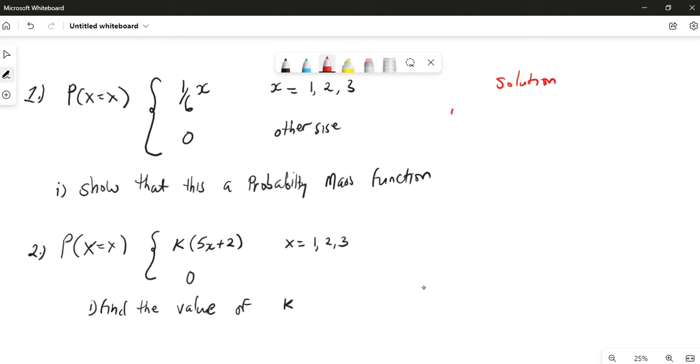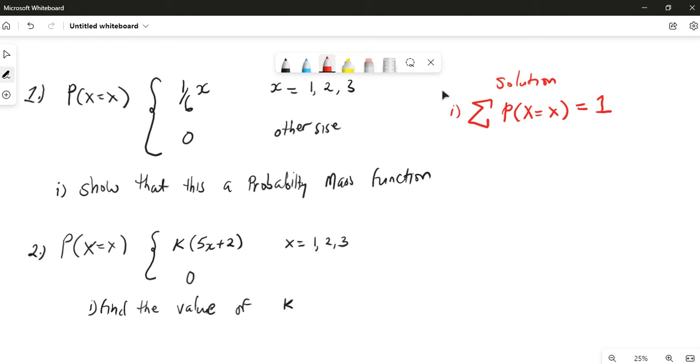To show that it's a probability mass function, the summation of the probabilities must equal 1. Summation of probabilities must equal 1.